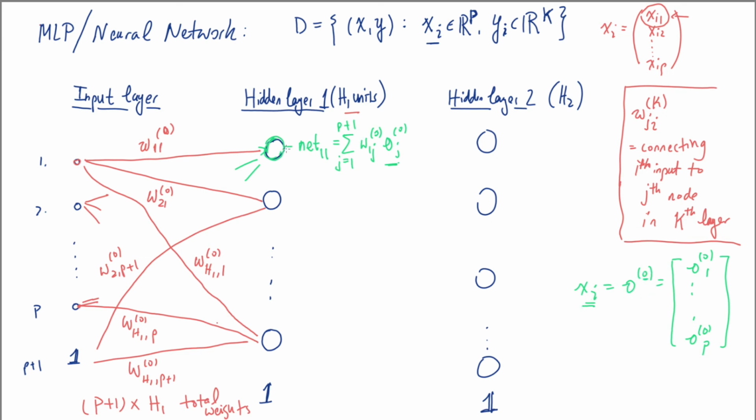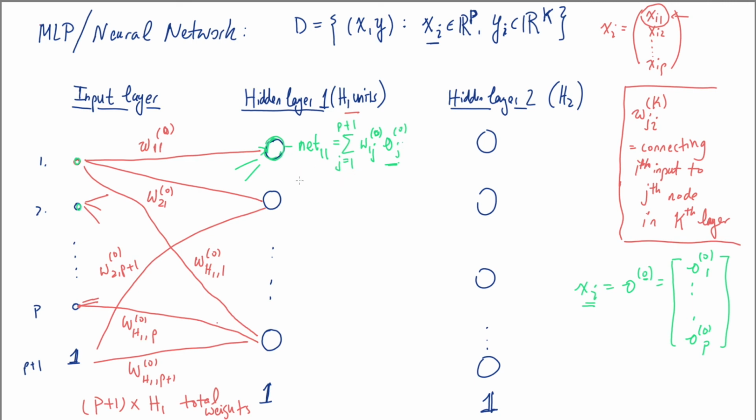And so what the first unit is doing is computing a weighted combination of the weights that go to that unit multiplied by the outputs of the input layer, which is just the input itself. As I do more of these, this should become pretty comfortable.